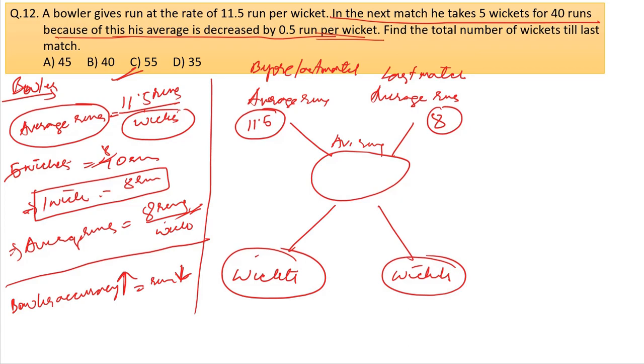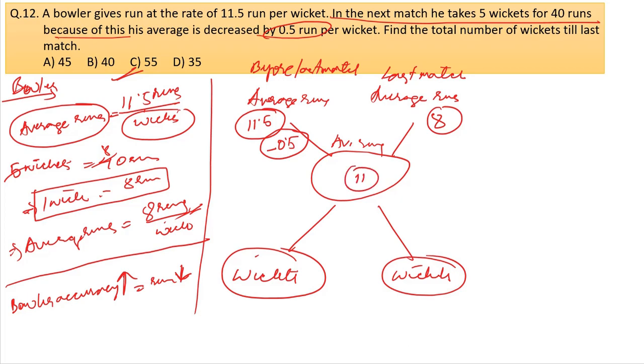So according to this question, the runs will be decreased by 0.5. Because of this, the average runs is decreased by 0.5 runs per wicket. So we have to subtract 0.5, that is, we have 11 here and 11.